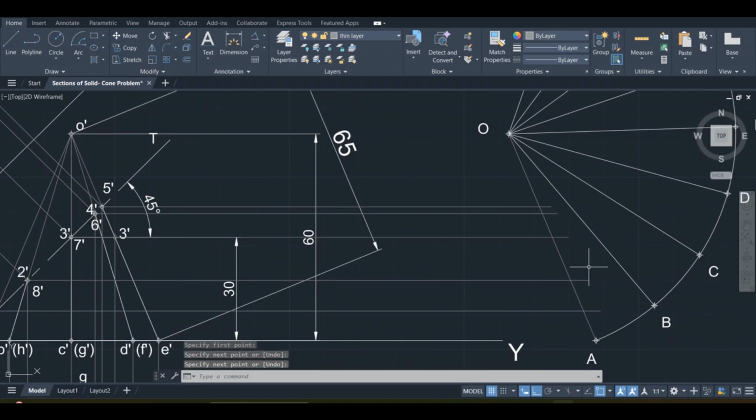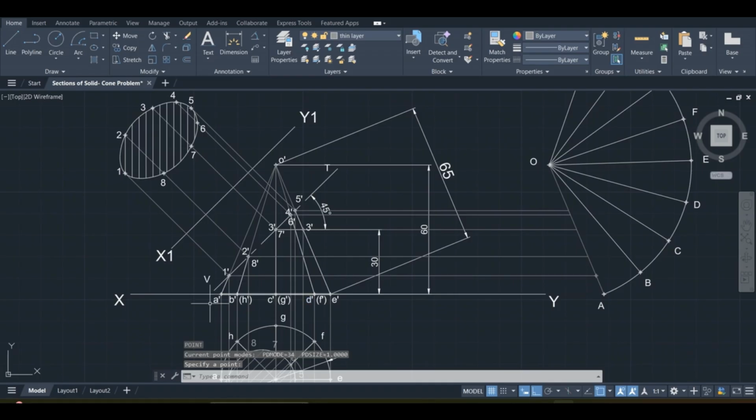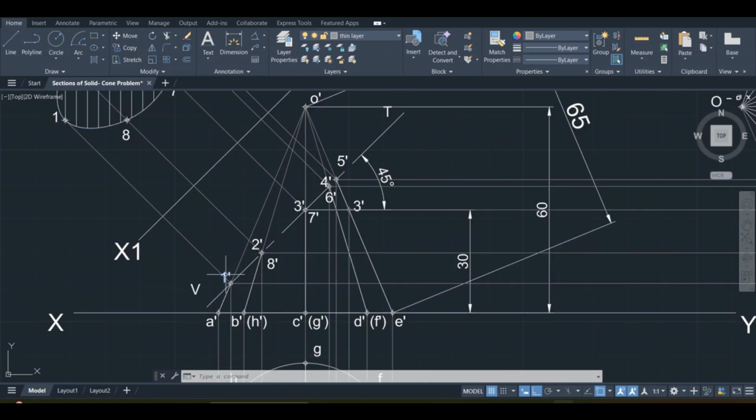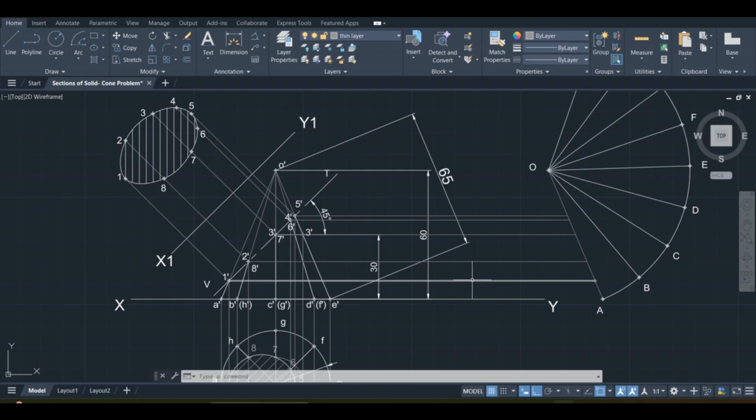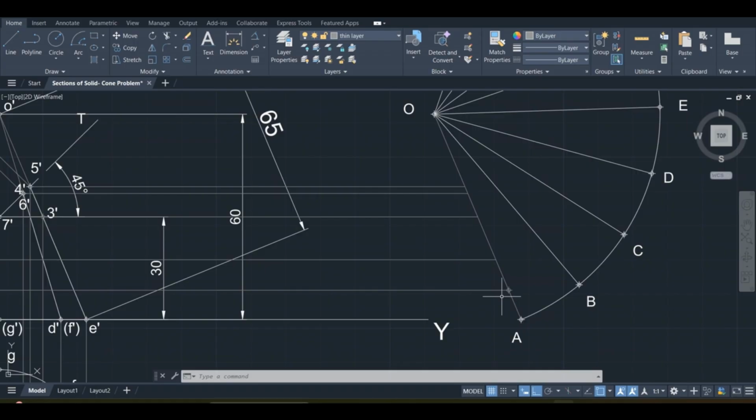So this is the point 1. See, on A dash O dash AO generator we have point 1 dash. So the same point I transferred onto this AO. So here I am giving the point name as 1.